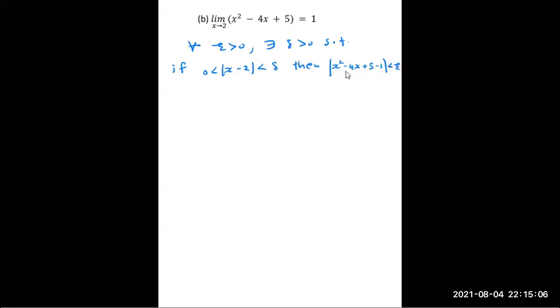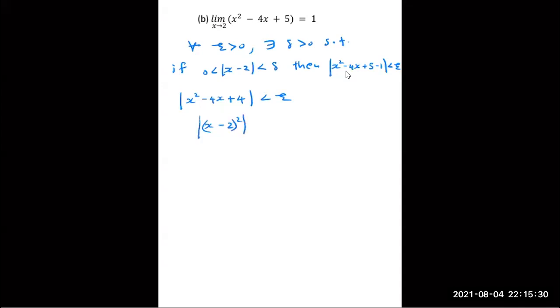All right, to find delta again, I'm going to simplify this inequality, okay? So let me simplify that inequality. x squared minus 4x plus 4 should be less than epsilon. Now, as you can see, x squared minus 4x plus 4 means x minus 2 whole thing squared.